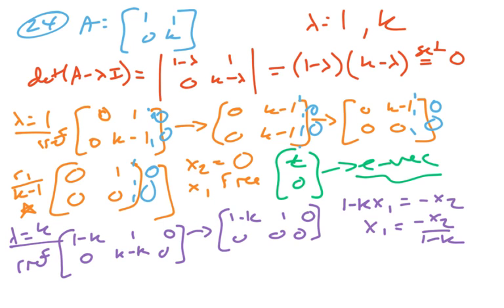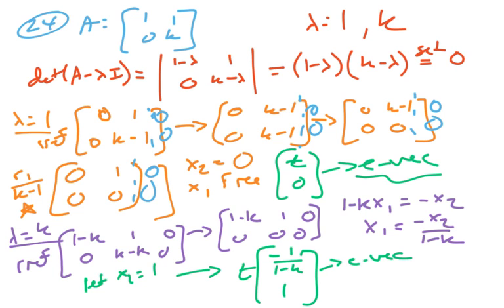If we let x2 be 1, then you get a vector of the form (negative 1 over 1 minus k, 1), right? So basically any scalar on that is going to be an eigenvector.